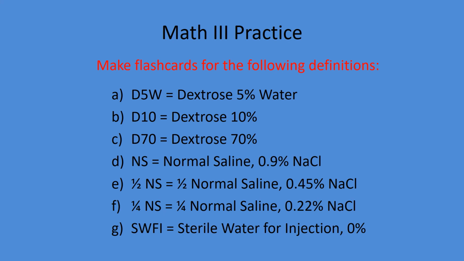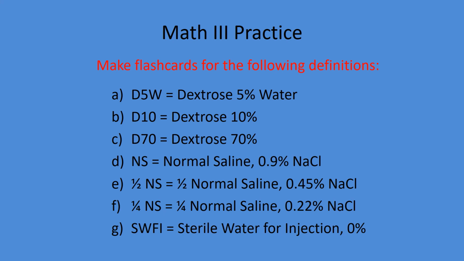Next we have NS. NS stands for normal saline. So normal saline is 0.9% salt, 0.9% sodium chloride. So by definition, NS is always going to be 0.9%. We have half NS, or half normal saline, and that is half the concentration of normal saline.